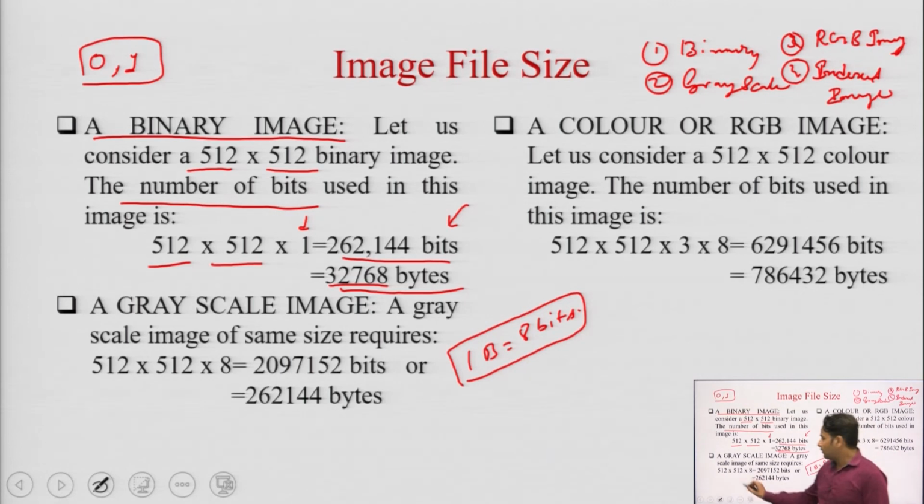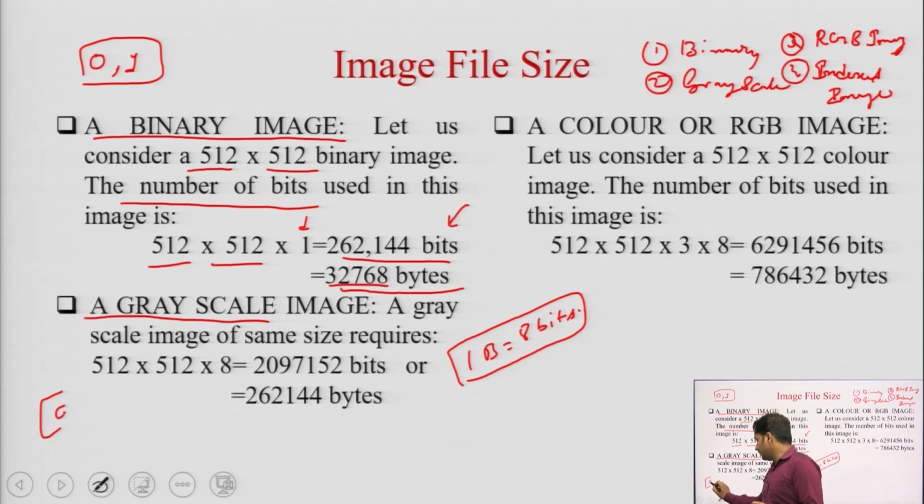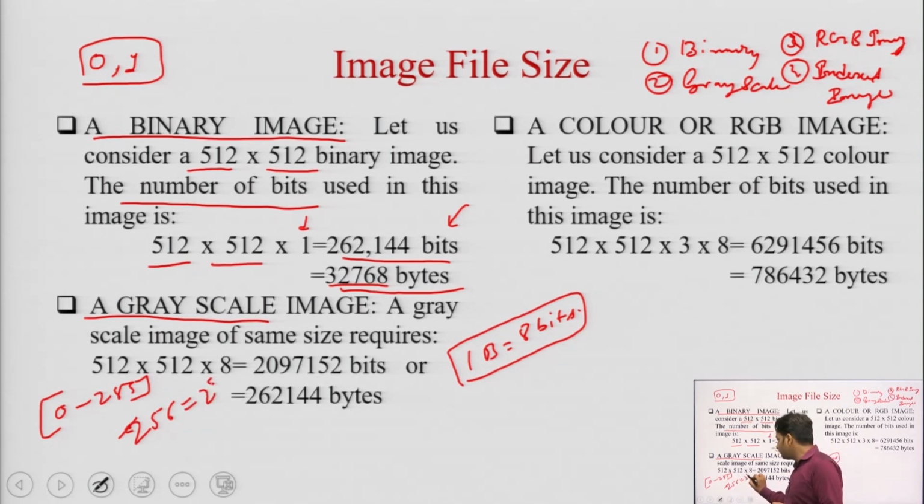Now, if we talk about the gray level scale, how many levels are we using? We are giving the range from 0 to 255. So, the total is 256 levels, and it is 2 raised to the power 8. So, how many bits are there? 8.